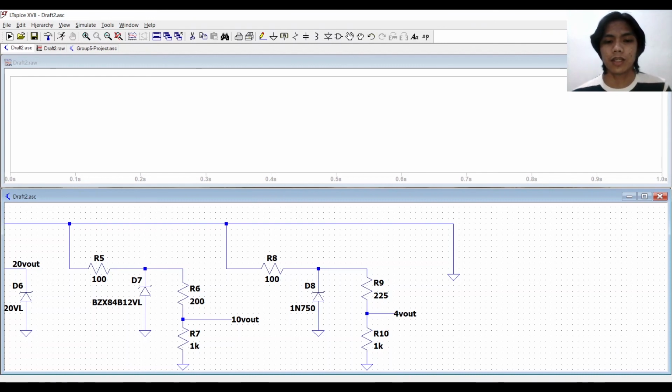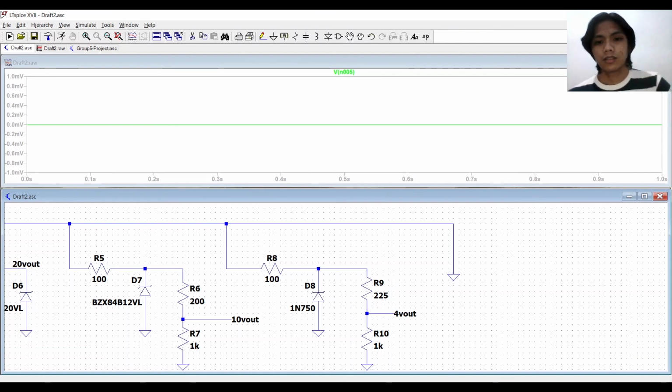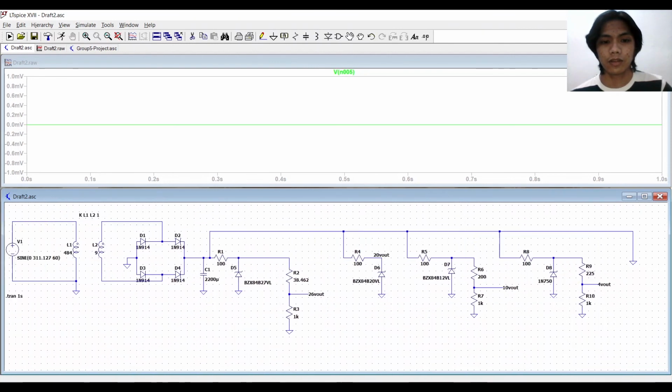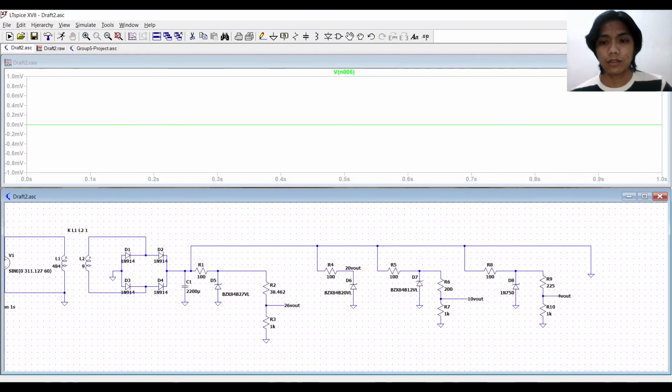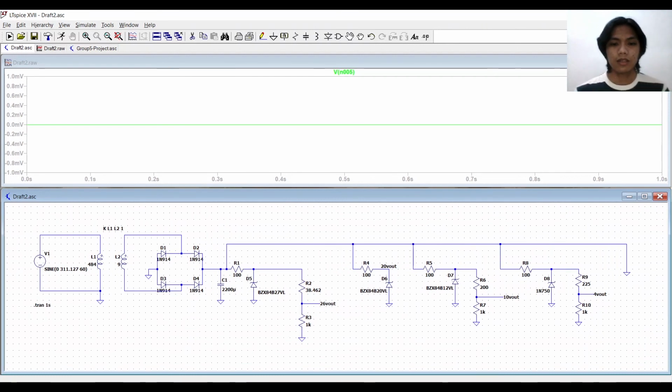So it just means that the circuit is at 0 volts, as shown here on the graph. So that is all there is to the power supply circuit that Group 5 has built.